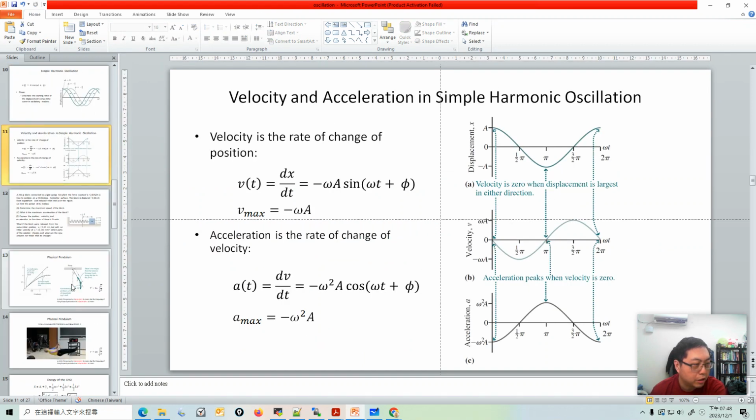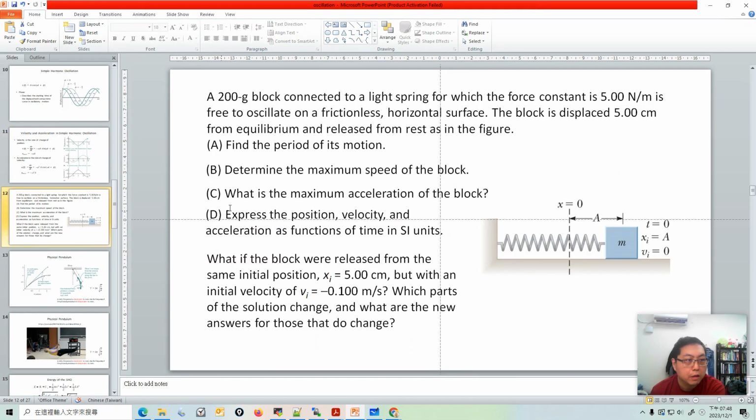The problem is here. This is a mass spring system. The mass is 200 grams, connected to a spring, and the spring force constant is 5 Newton per meter. It is moving on a horizontal, frictionless surface. Initially the block is displaced 5 centimeters from the equilibrium position and released from rest, as in the figure.